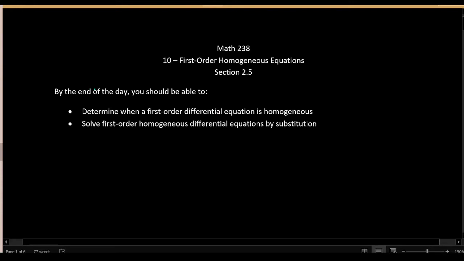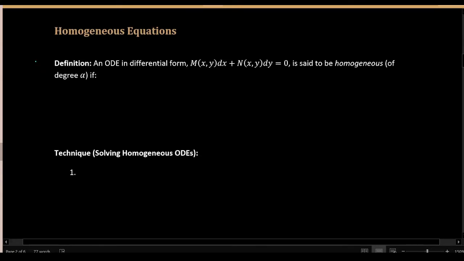In the first video of that flavor, we will be studying a variety of equation called homogeneous equation, which can be transformed by a change of variable into a separable equation. So if you have an ODE, specifically one which is in differential form, that ODE is said to be homogeneous of degree alpha if it satisfies the following property.